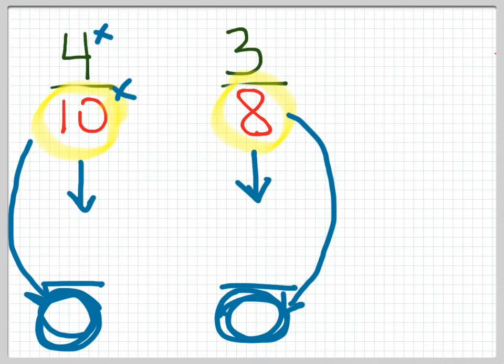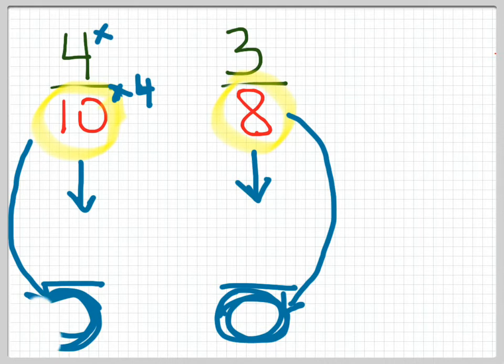So could I times this by 2? No, because 8 can't turn into a 20. So I'm not going to times it by 2. Could I times it by 3? No, because that would turn it into a 30, and 8 can't turn into a 30. But if I times this by 4, I can turn that 10 into a 40.